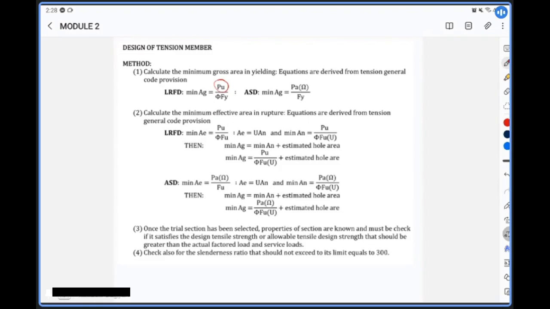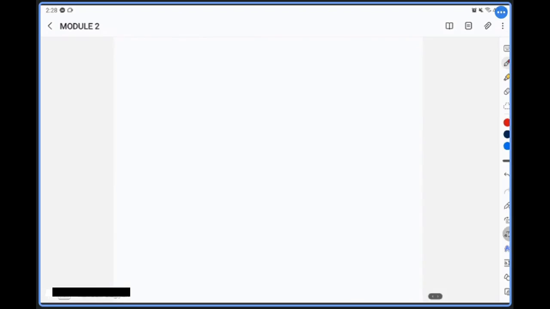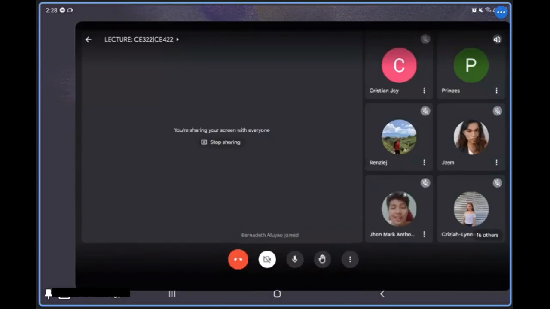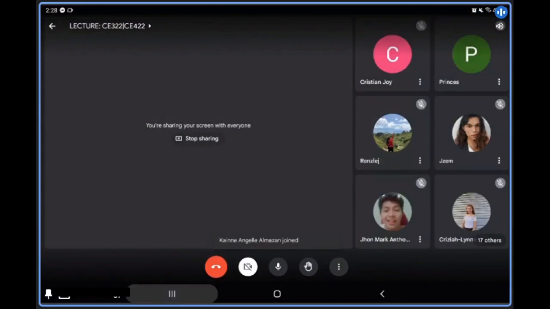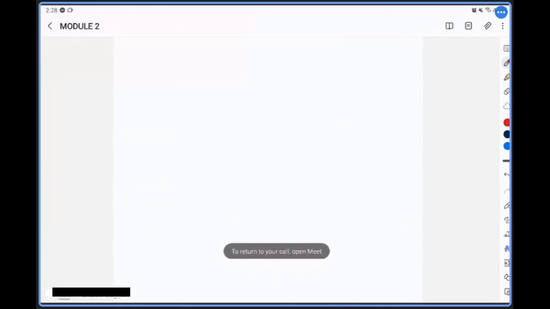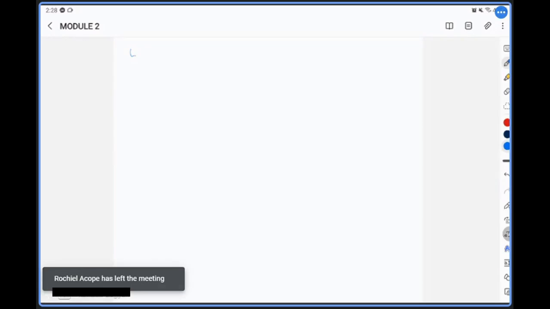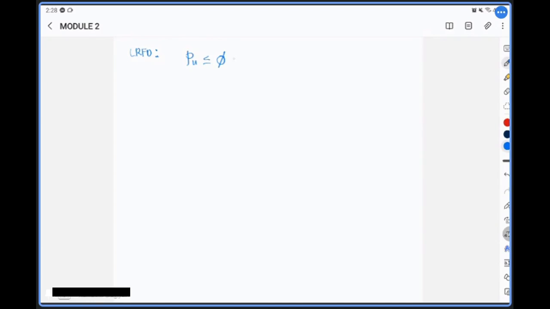P sub U, if you remember, for LRFD, our P sub U should be less than or equal to our phi P sub N. Okay?